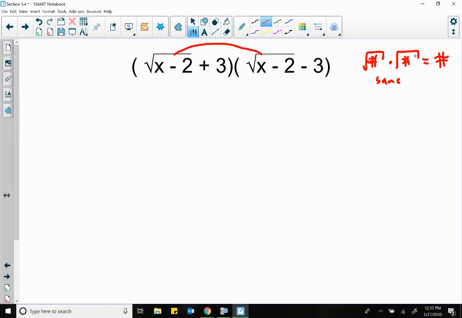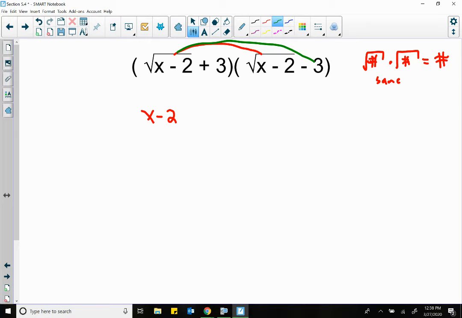So these two radicals are the same, so what's underneath is going to pop out. So square root of x minus 2 times square root of x minus 2 is x minus 2. Radical's gone. Okay? So now we do outer.